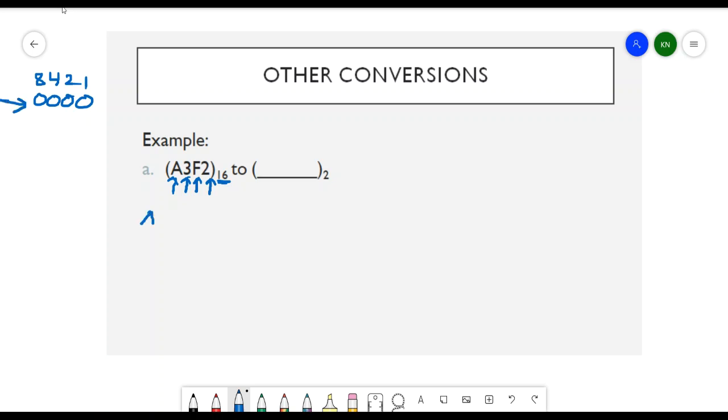Now A, 3, F, and 2. Again, A is 10. This is 3. This is 15. And this is 2. Now, in order for us to get the value of 10 from the binary, we need to know which one should be on, since binary is just on and off, right?